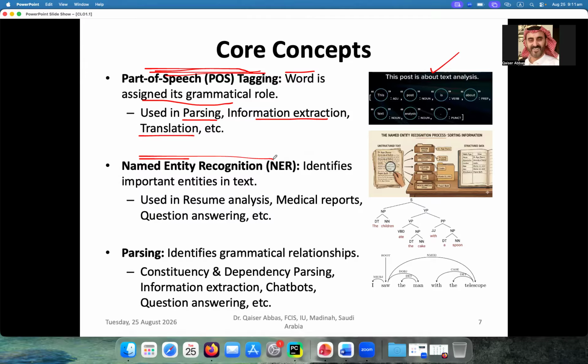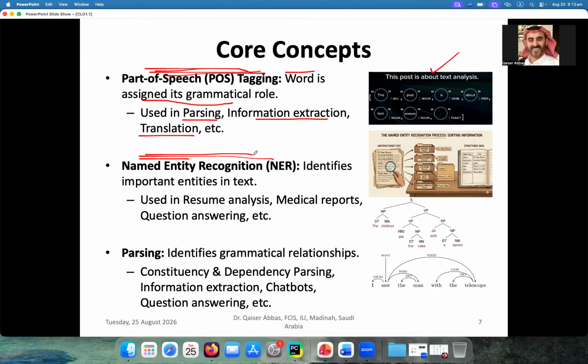Only an NLP person can tell you what is machine learning, what is deep learning, and what is NLP. For example, the persons who are studying only machine learning don't know the other knowledge. They only know that chapter of machine learning, one or two chapters in the NLP book.